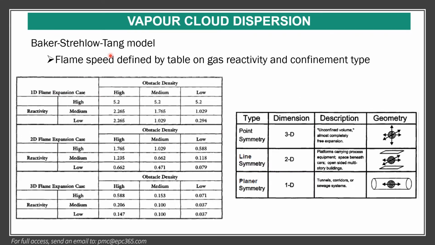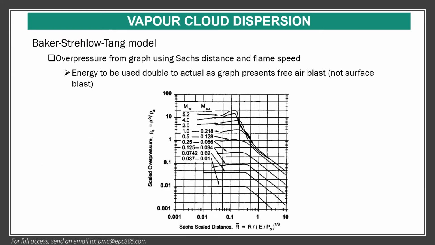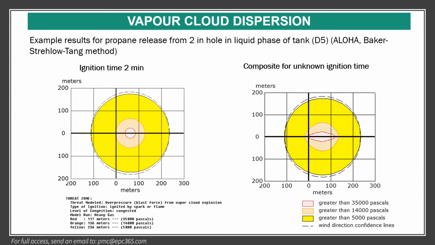So this takes into consideration flame speed defined by a table of gas reactivity and confinement type, for example the dimension, and this is the model, and finally the overpressure graph using such distance from flame speed.